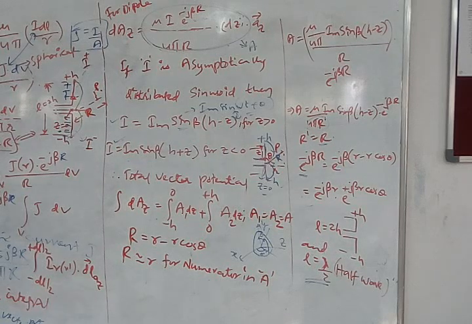For the dipole antenna we are considering a differential element and extending that, where I is taken as a constant parameter, because along the z direction we want to find the integration. Therefore I is taken outside.